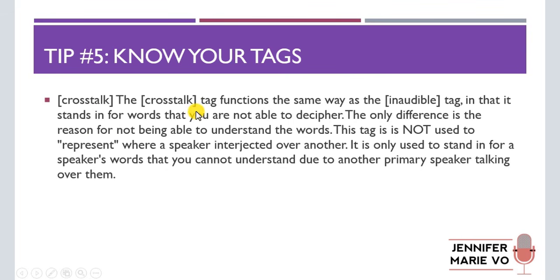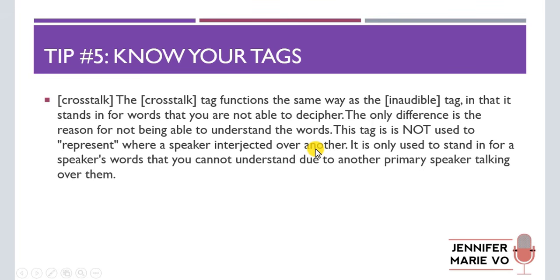Crosstalk. The crosstalk tag functions the same way as the inaudible tag in that it stands in for words that you are not able to decipher. The difference is the reason for not being able to understand the words. This tag is not used to represent where a speaker interjected over another.